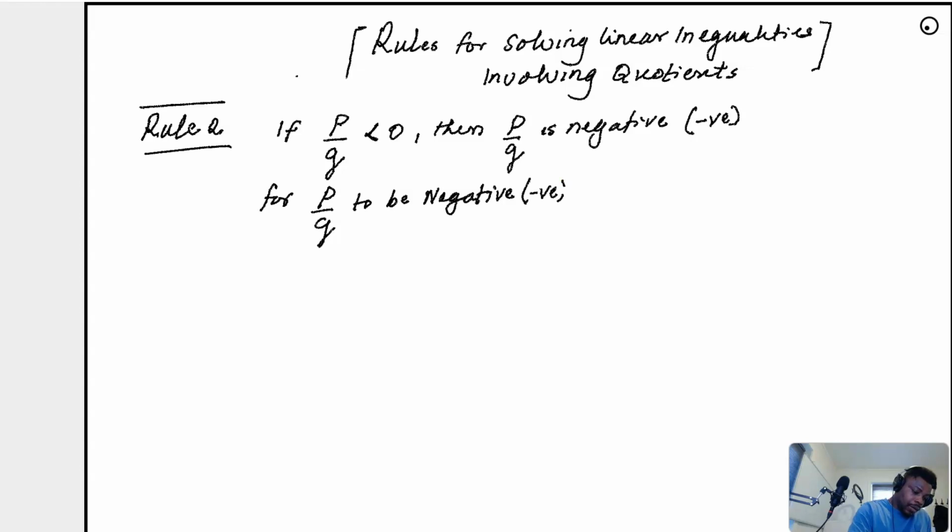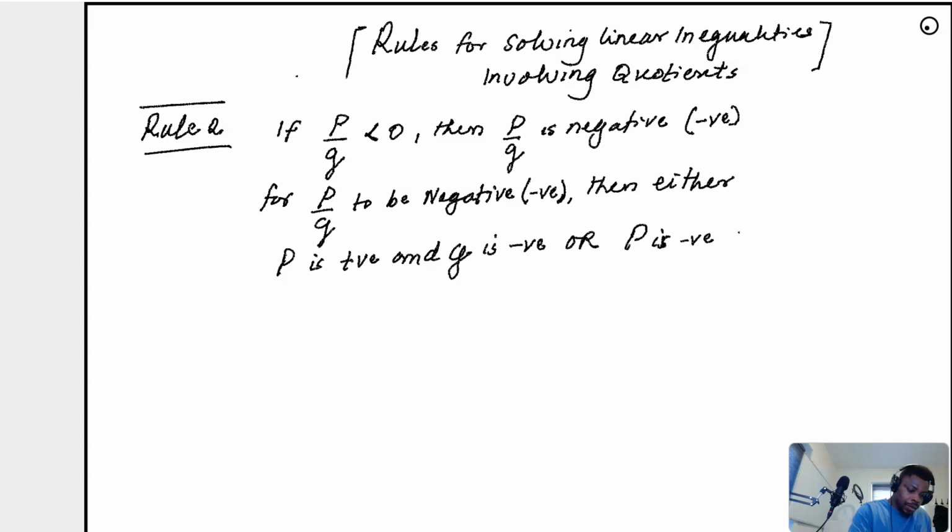For it to be negative, then either P is positive and Q is negative, or P is negative and Q is positive.